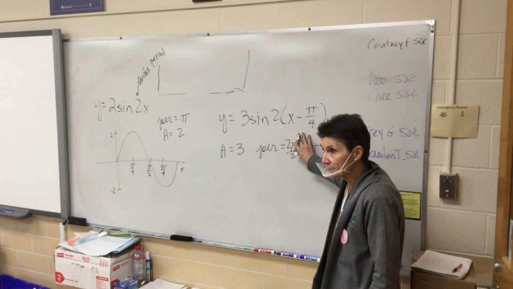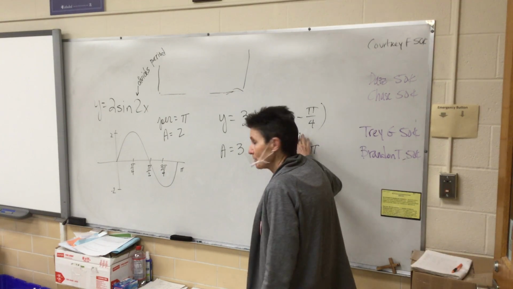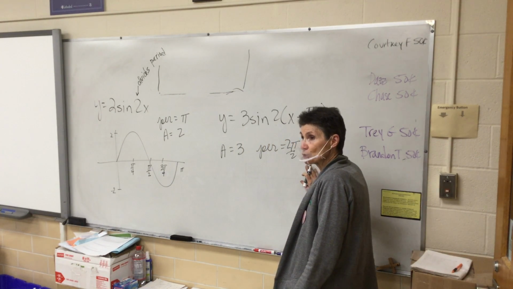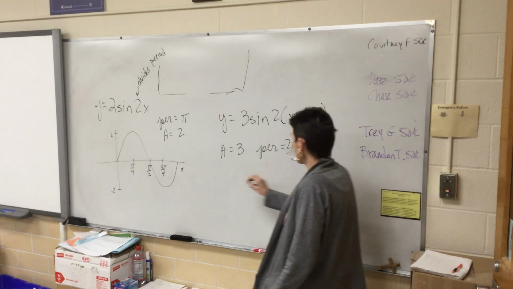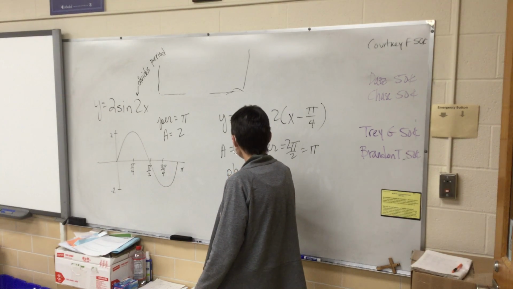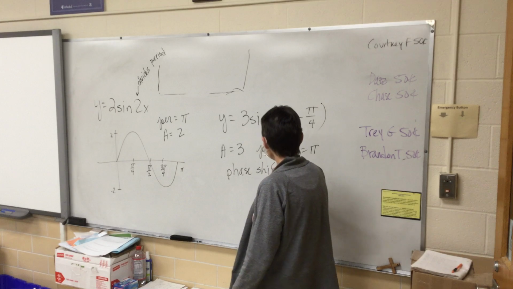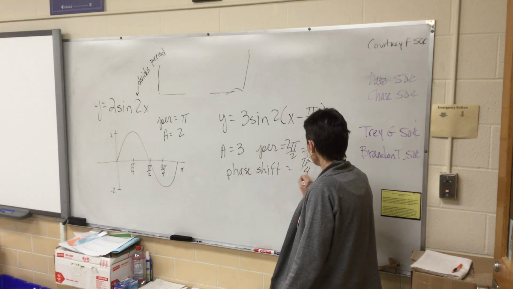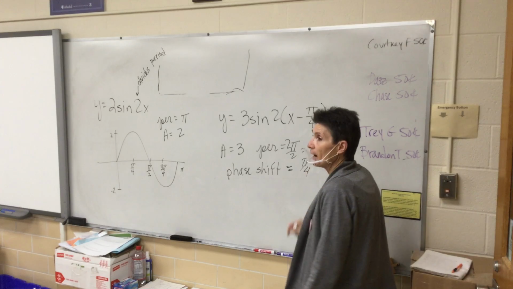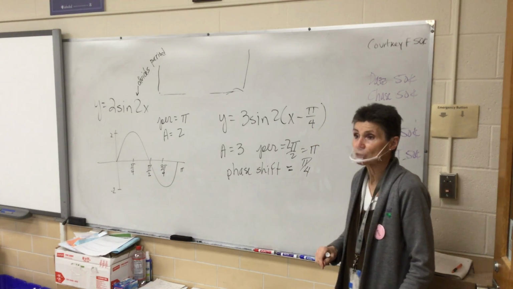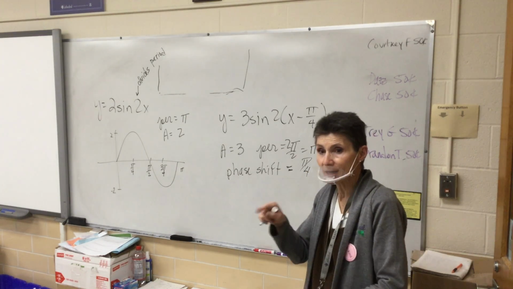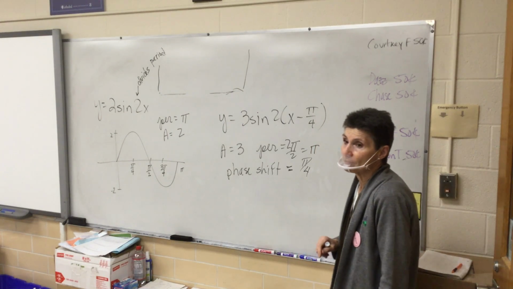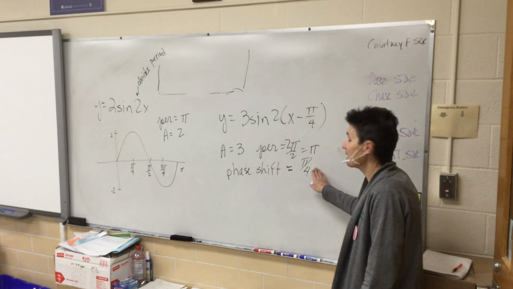It moves it right. In trigonometry, that is called a phase shift. It's a horizontal shift. And your phase shift is pi over 4. And I'll say positive because that means right. You could actually write R-I-G-H-T, pi over 4 if you wanted to. The positive always means right.